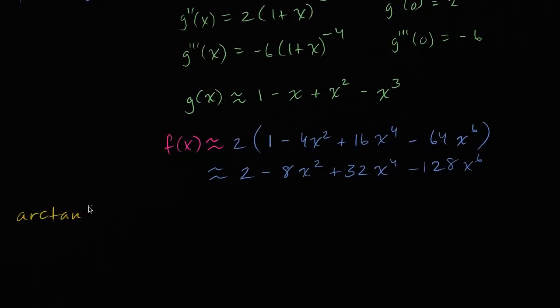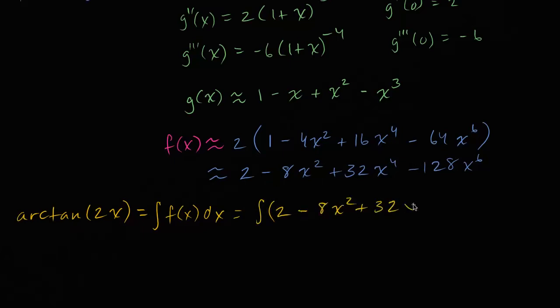arctangent of 2x, which is equal to an antiderivative of f of x dx, which is going to be equal to an antiderivative of all of this business, the antiderivative of 2 minus 8x squared plus 32x to the 4th minus 128x to the 6th.